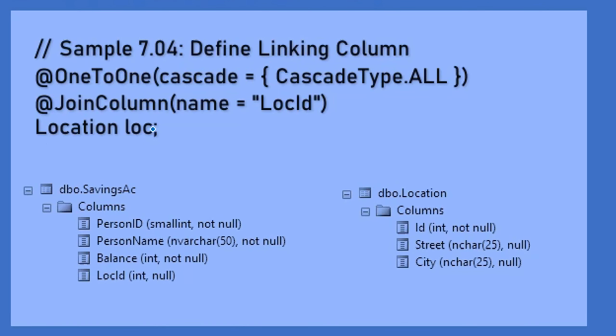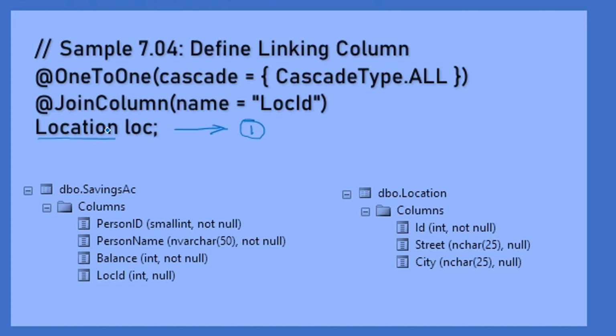Here, if you see the very first thing, what you have to note is we are adding a field to our savings account and the field type is location. The entity persistence unit knows that there are two entities it is managing. One is a savings account and another one is location.